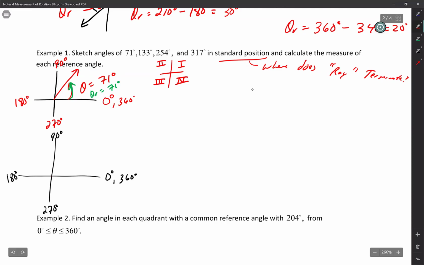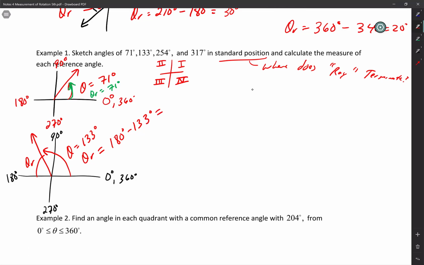Quadrant 2 is probably something like this. Does it have to be perfect? No. I'm going to say that's 133 degrees. So if that's 133, my reference angle, theta r, is 180 minus 133. And that gives me 47 degrees.